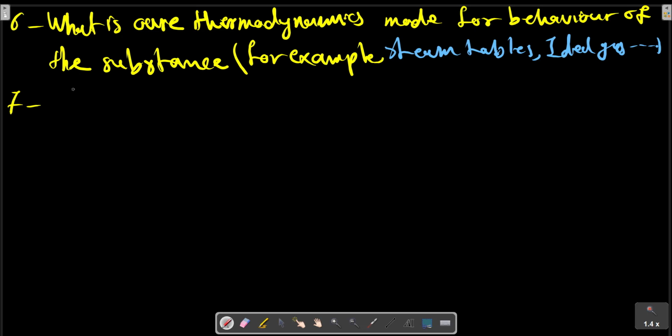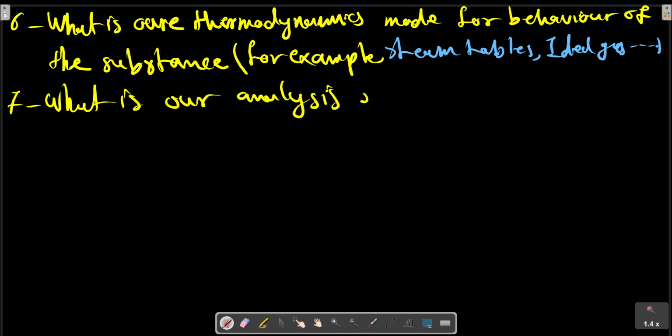Seven, what is our analysis of the problem? That is, do we examine control surfaces for various work modes or use the first law or conservation of mass?